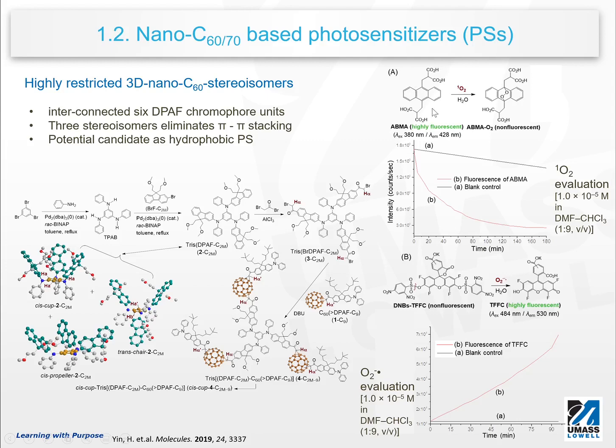And the chemistry is shown here. The probe itself has very high fluorescence, and once it reacts with singlet oxygen, it will lose the fluorescence.